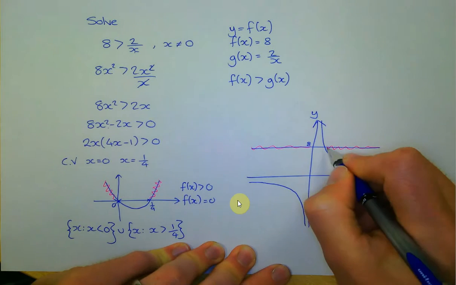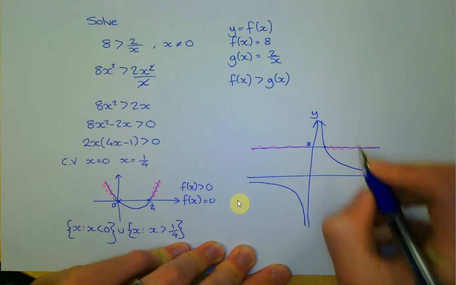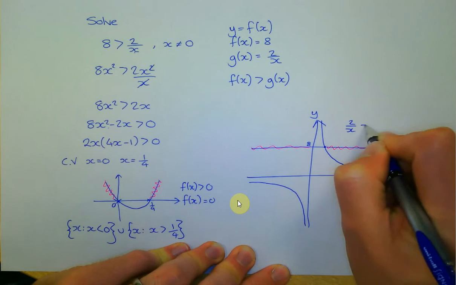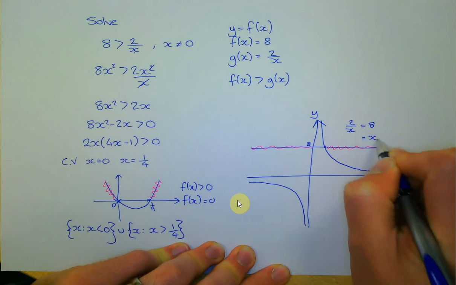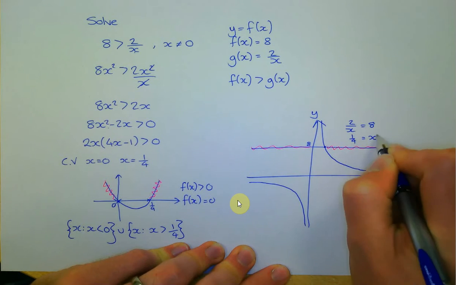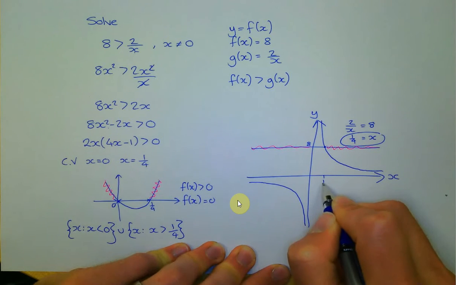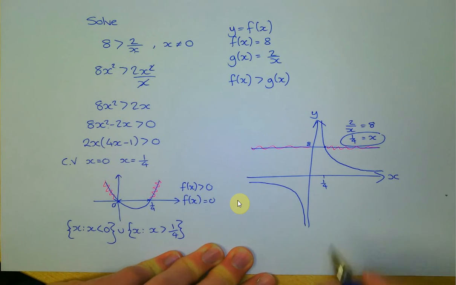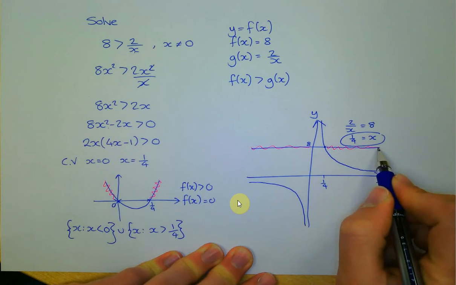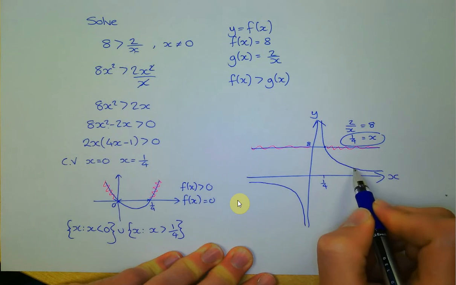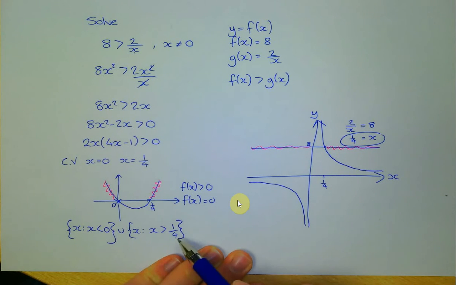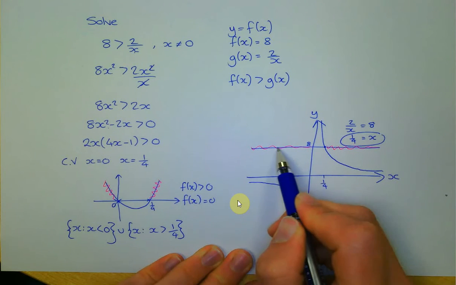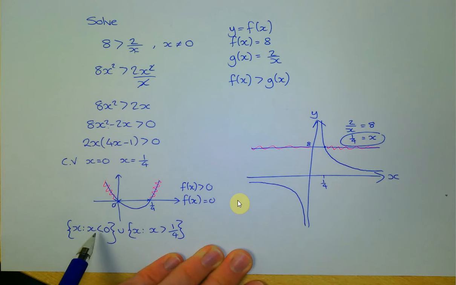So if we try to solve these two graphs, and we have 2 over x equals 8, then we would get x is a quarter. And you'll see that that's the result that we found out here as well. And you can see when x was greater than a quarter, this line was higher than this one. There's my answer here. And when x is less than 0, it worked as well.